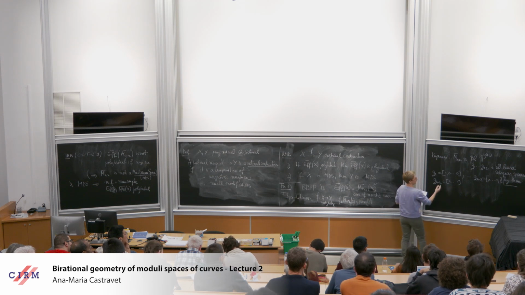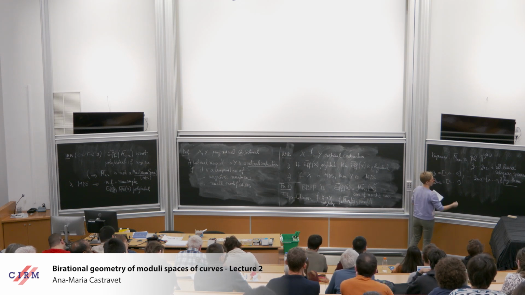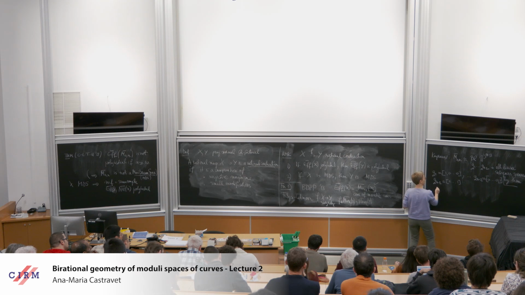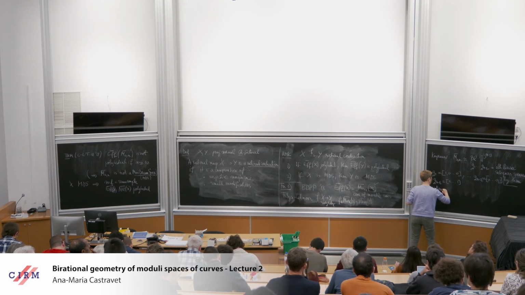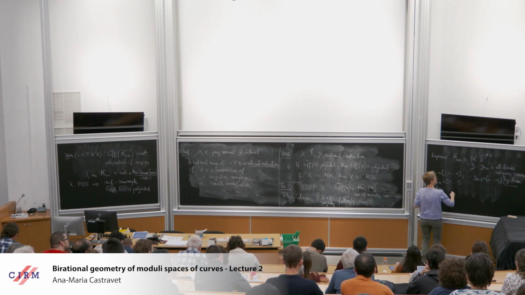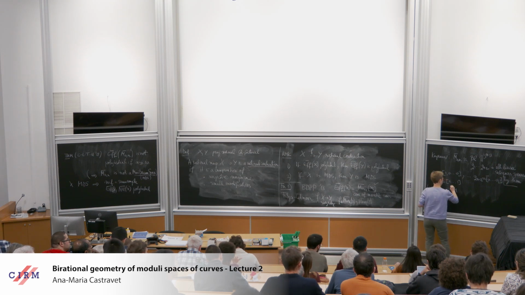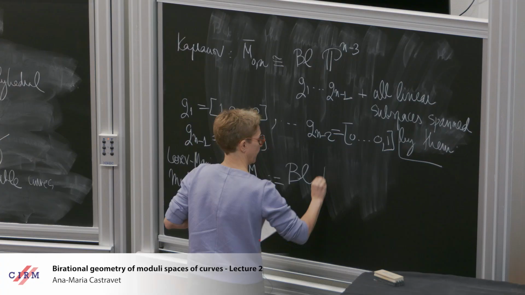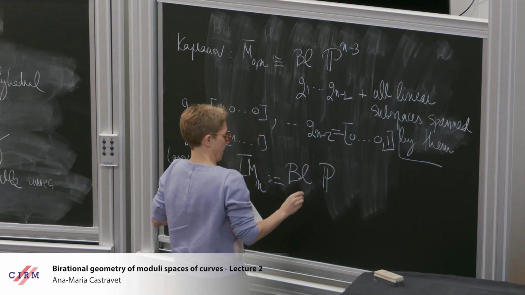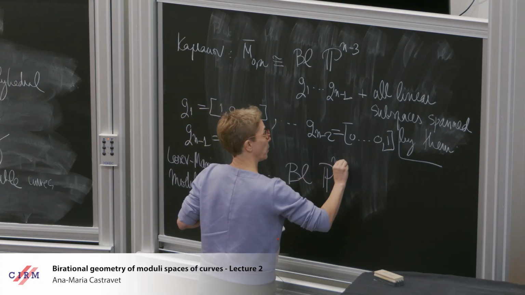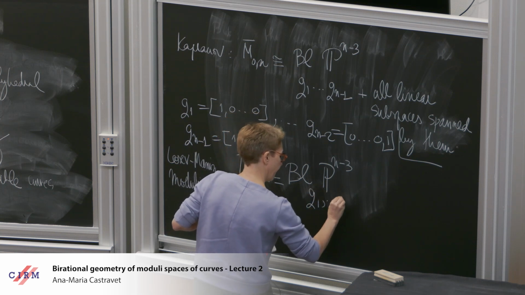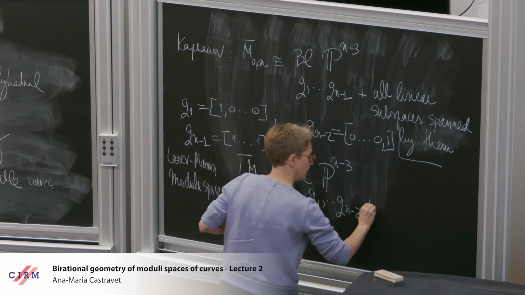So the space that is close to M0n bar and it is toric is what is called the Losev-Manin moduli space. Which is exactly the same, so I'll call this LM, which is exactly the same blow up, but with 1 point less.